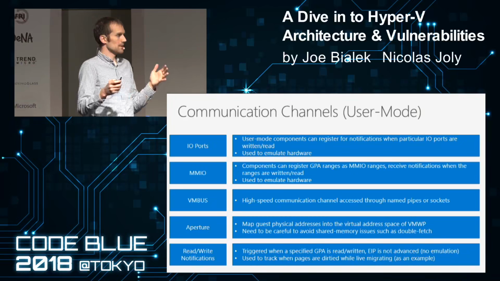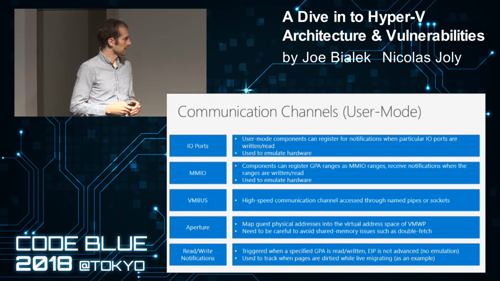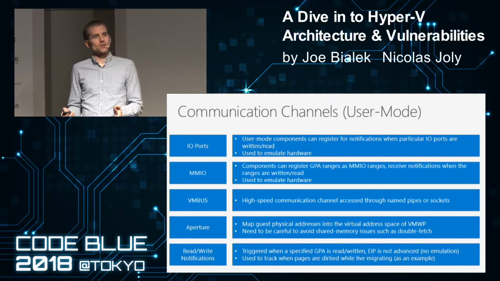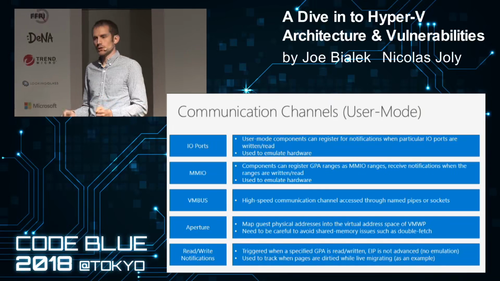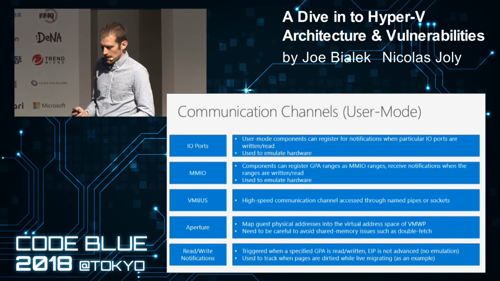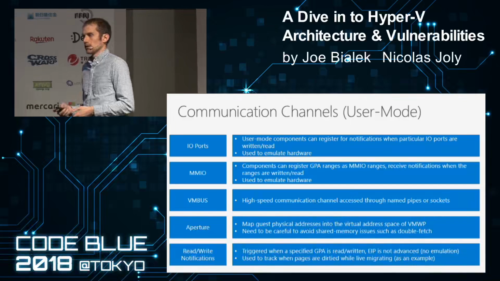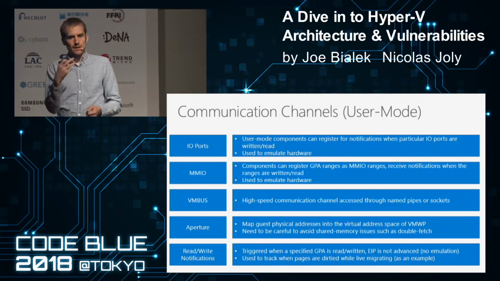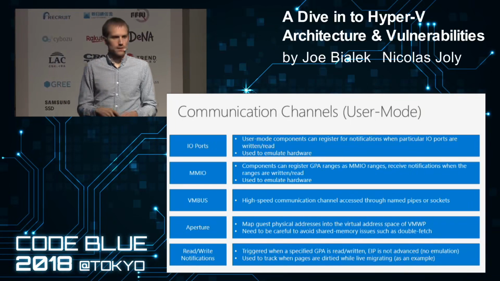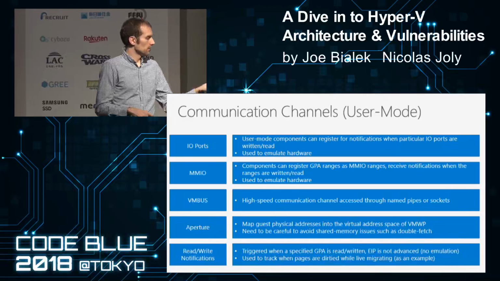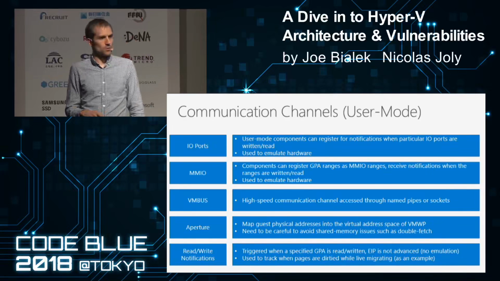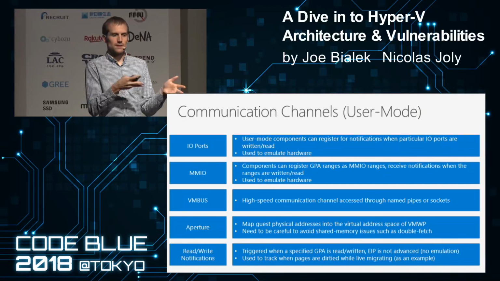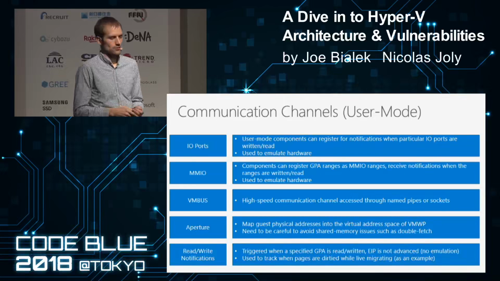We have the VM bus once again, and I promise we're going to talk about it on the next slide. We have apertures. Apertures are effectively just shared sections, okay? They allow a component to map guest physical addresses into that component's virtual address space. So for all of these virtual devices, for example, that live in the VM worker process, they can choose to map some guest physical memory directly into the VMWP virtual address space.